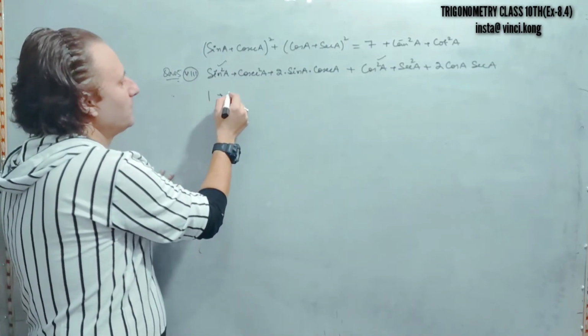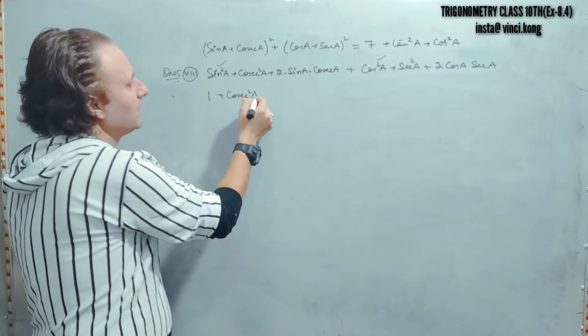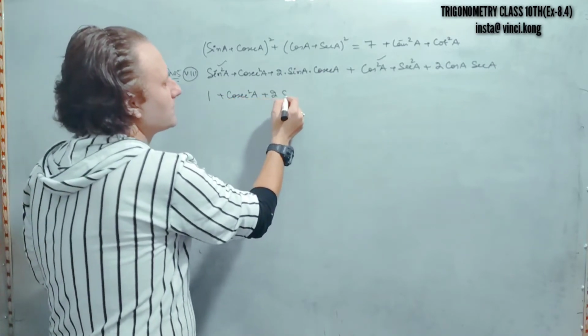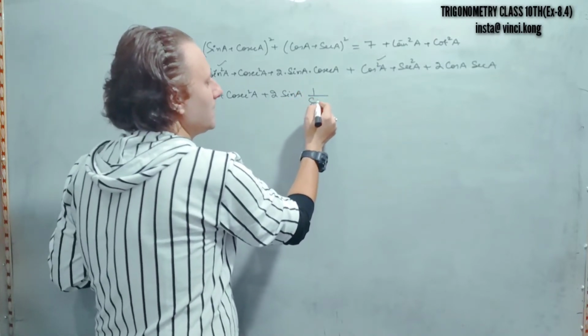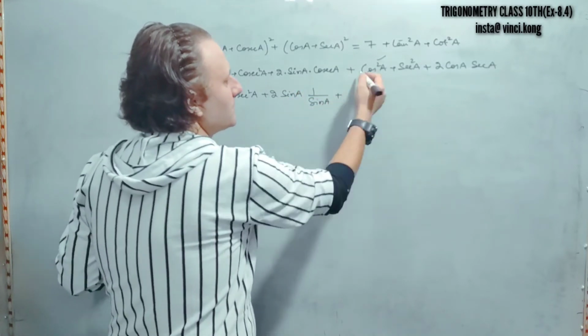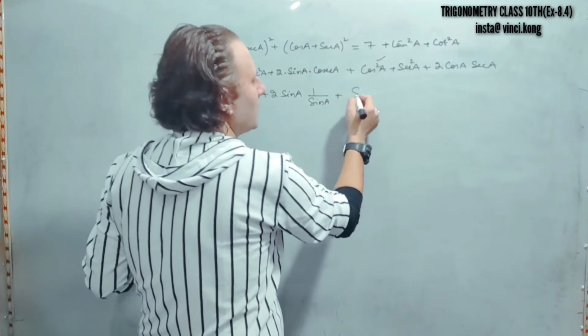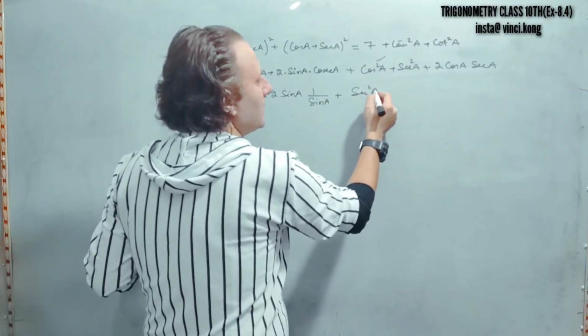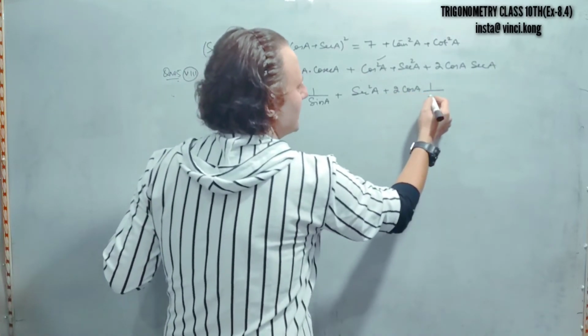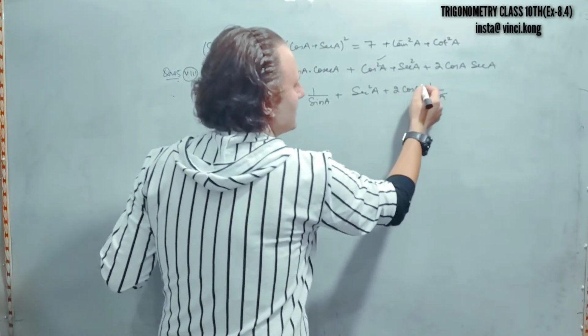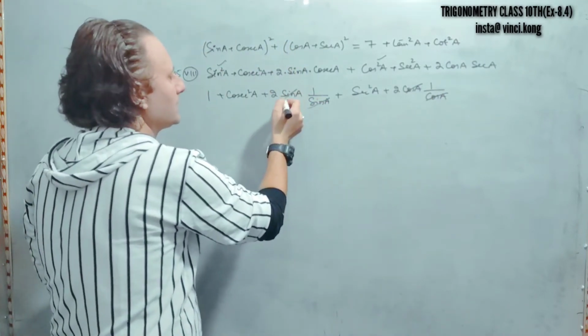Now I have plus cosec square A plus twice sin A cosec A, and cosec A is 1 upon sin A, plus this cos square A is gone. Now I have sec square A plus twice cos A sec A, and sec A is 1 upon cos A. This cos A gone, this sin A gone.